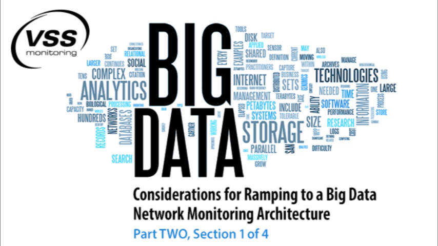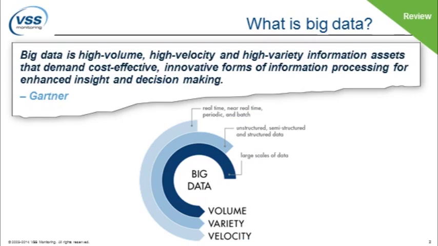So what we're going to talk about today is big data and what we think is the future of big data as it pertains to network monitoring. To do that, let's just talk about what is big data, right? And there are different definitions around that. For purposes of clarity, we're going to use Gartner's definition, which defines big data as data sets with three attributes: high volumes, variety, and velocity.